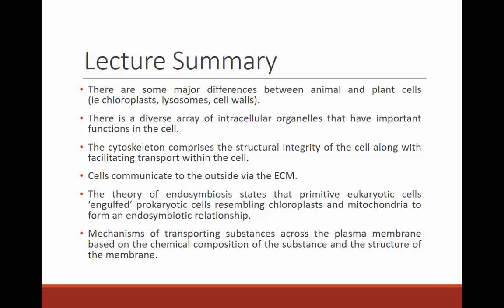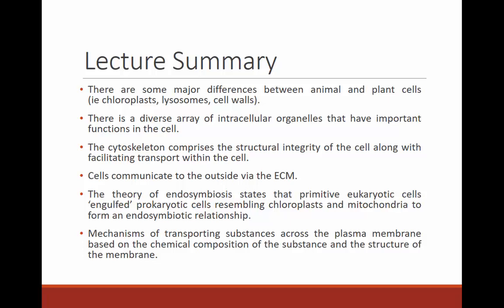So there's a lot of differences between animal cells and plant cells. Agreed? Yeah? And quite a diverse array of those internal organelles as well. The cytoskeleton we looked at, so you've got that structural integrity, that architecture within the cell. The extracellular matrix is important for communication between cells, but also the glue sticking it together, basically, and allowing movement.